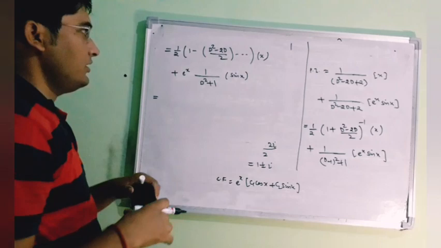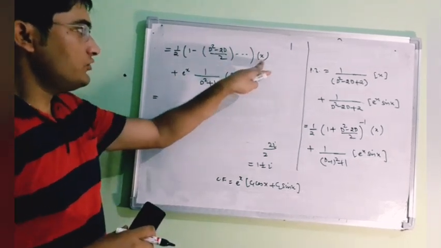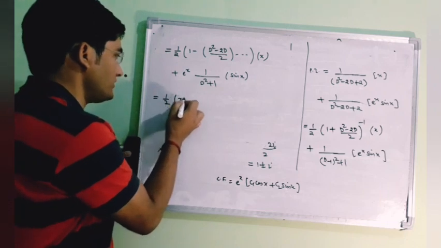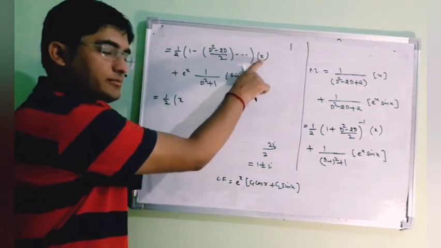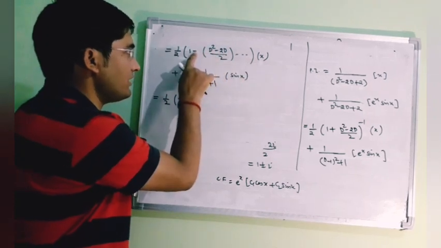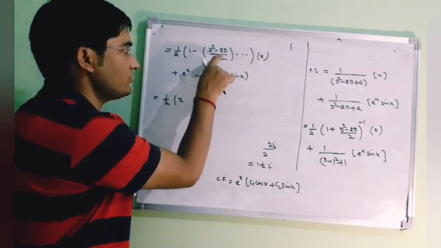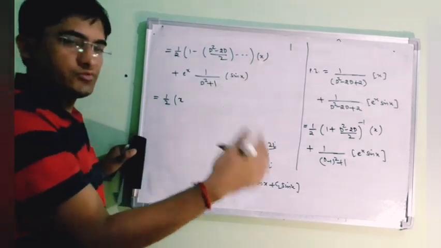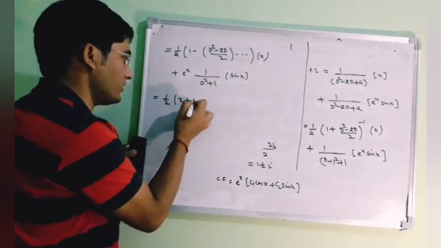Now, if you operate this on x, then we will have 1 by 2 into x. D square of x means the double derivative of x will be 0. So this term is 0. Then we will have minus minus plus. This 2 will get cancelled with this 2. And D of x means differentiation of x is 1. So we will have just 1.